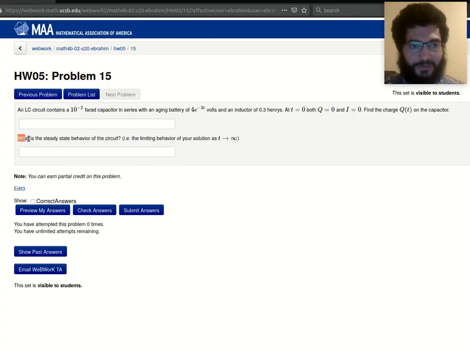Then this is the question I wanted to comment on. What is the steady state behavior of the circuit? So often with these kinds of circuits, also with damped harmonic oscillators, if they're forced damped harmonic oscillators, often you'll get two kinds of terms in your solution in the end.